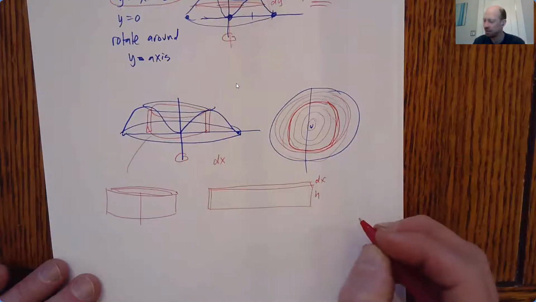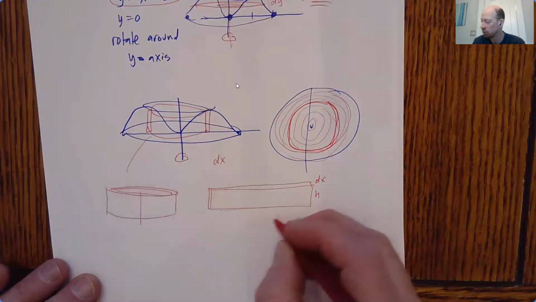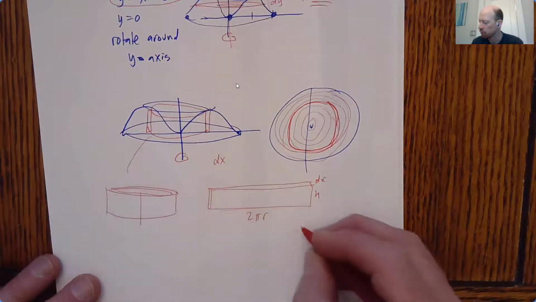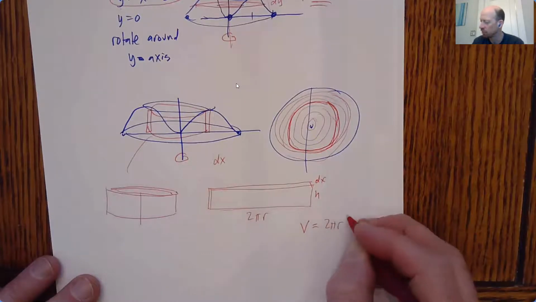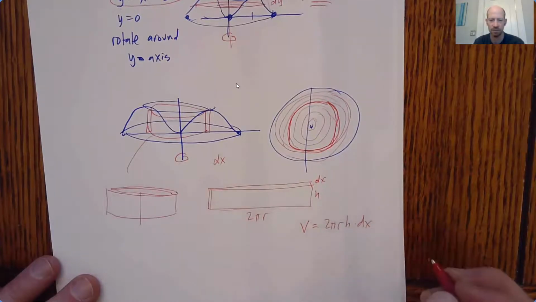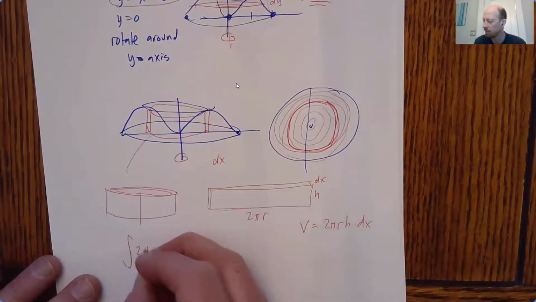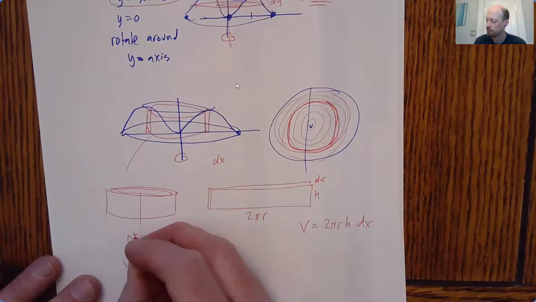This is the height, and this distance would be the circumference, which is 2 pi r. So the volume is 2 pi r h times dx. And just like before, I want to add all of those up from a to b.